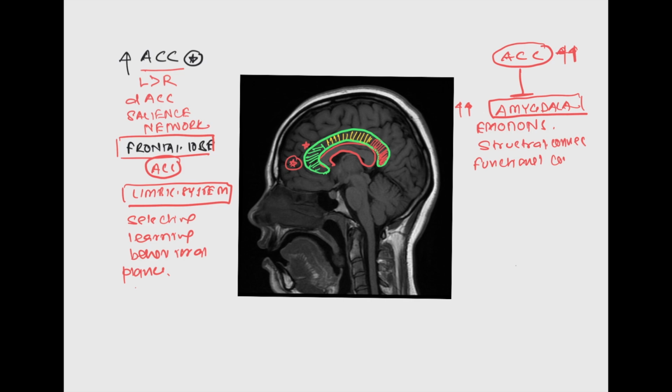And the functional connection problem could usually be because of a change in the number of spines, dendritic spines I'm talking about, or especially neurochemical changes, right? Because of this problem in the dendritic spines and the neurochemistry, there's a functional disconnect between the anterior cingulate cortex and the amygdala. So there is no structural problem, but there is a functional problem. And that is the reason we usually do not have the top-down control of emotions. And we know that in patients with mania, this leads to emotional dysregulation as well as mood instability.